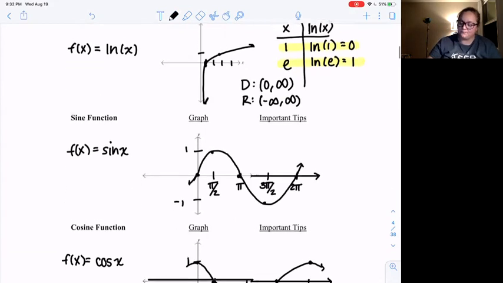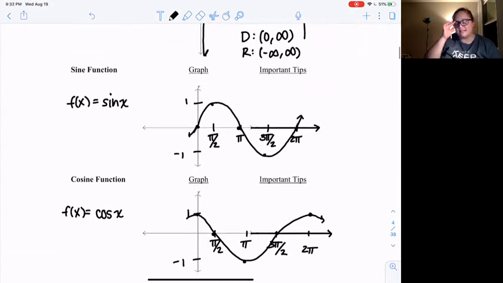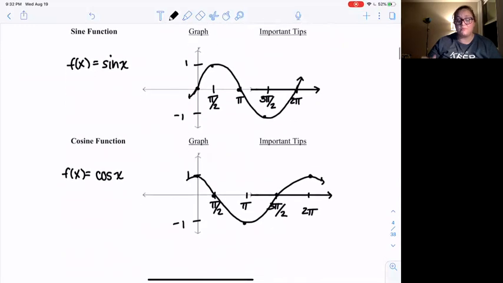Okay, cool. All right, let's get into those trig functions. So we're going to have you, and by we, I mean the royal we, know the graphs of sine and cosine functions. That's going to be super helpful because personally, I prefer looking at the sine and cosine graph in order to calculate for radian measures or calculating for 30, 60, 90 triangles.